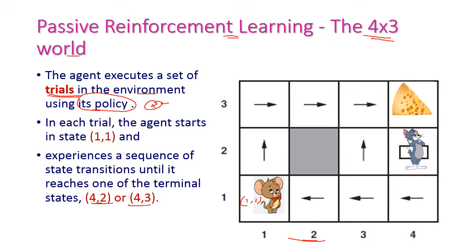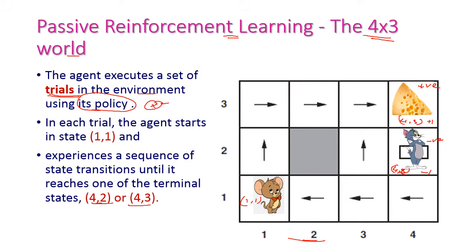The first one is 4,3 and the other is 4,2. 4,2 is -1, and 4,3 is +1, that is two terminal states. One is a positive terminal state and the second one is a negative terminal state.